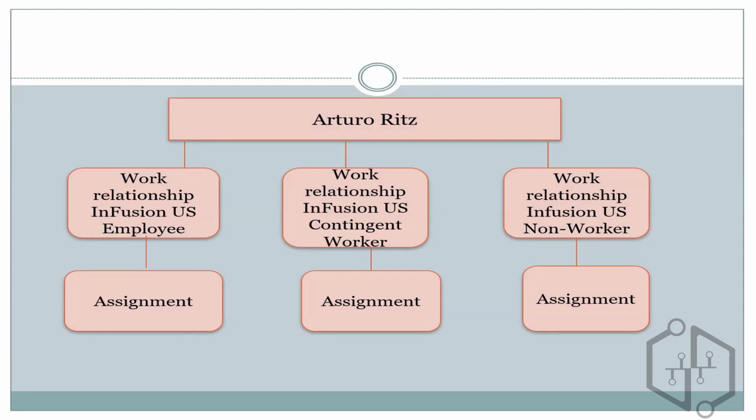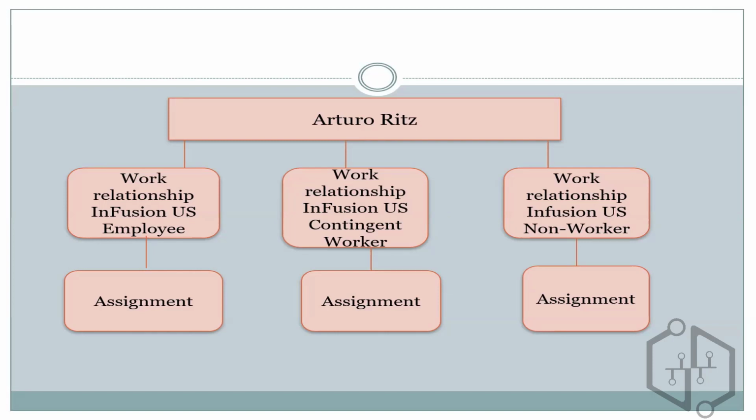Orchero Rates has a work relationship as employee, contingent worker, non-worker. The employee has a work relationship with Infusion US, the main head, the main company name. Now Orchero Rates also holds a contingent worker profile.